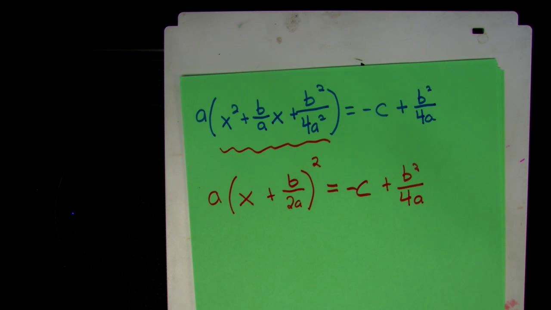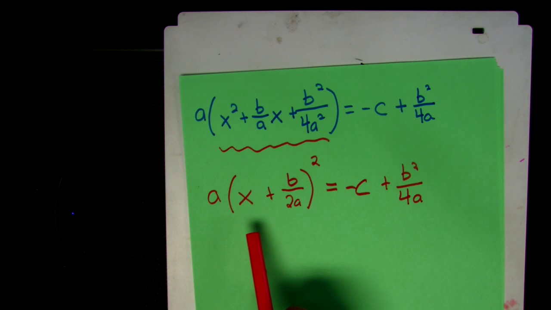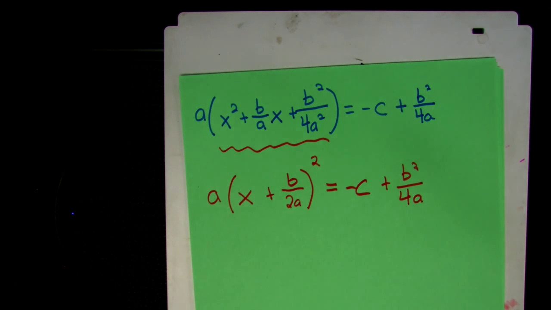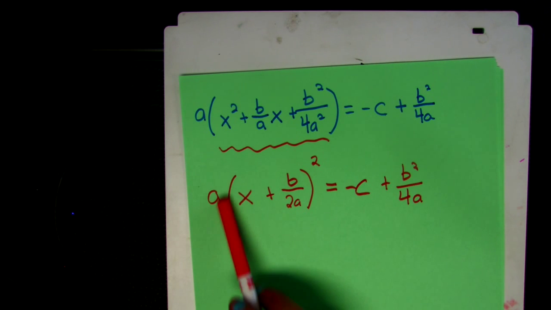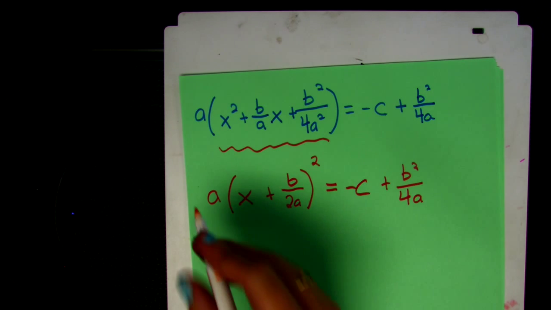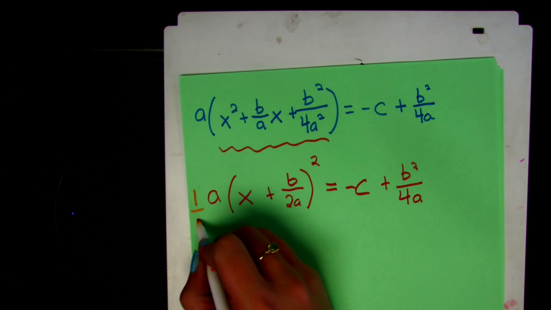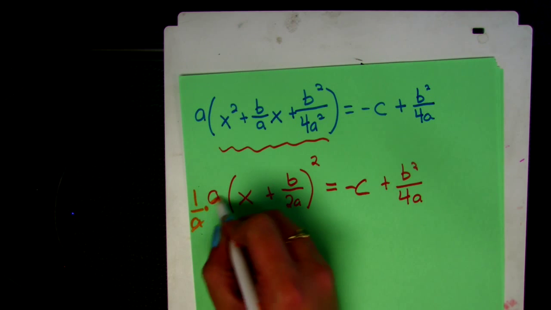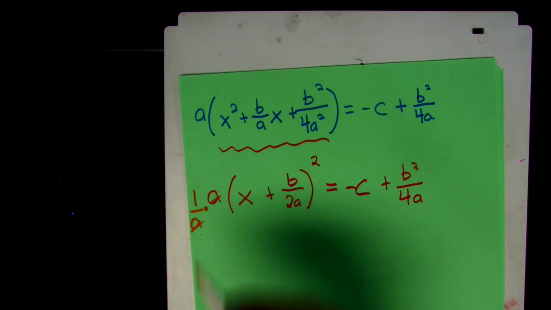All right, and so I still have all of this on this side. Now I need to divide everything by a, because I'm trying to solve for x, so I need to take care of this a. Another way to say divide everything by a is multiply everything by 1 over a, because multiplying by 1 over a is the same as dividing by a.